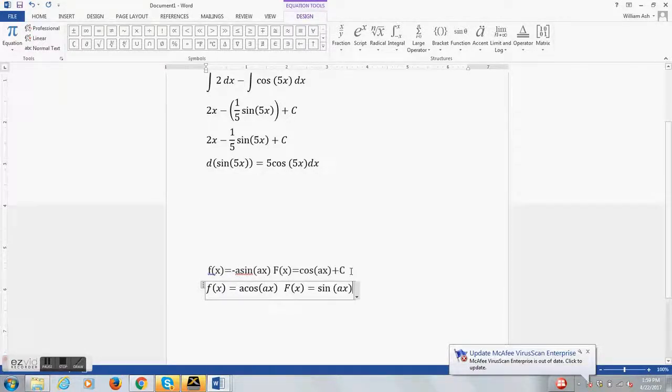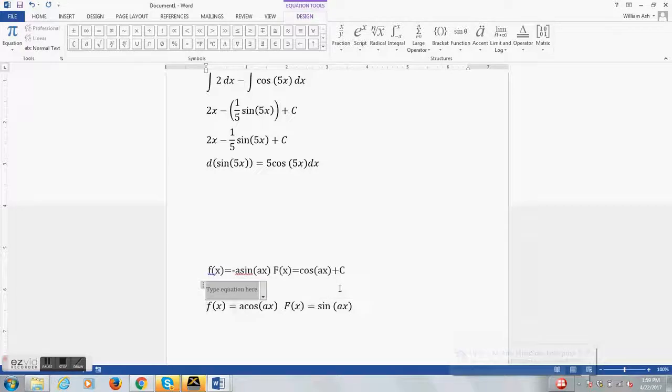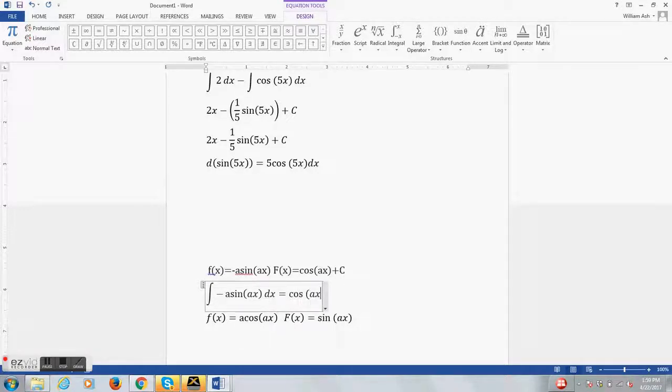This is an integral rule. This rule is probably better thought of as the integral of minus a sine ax dx equals cosine ax plus c. Since you're taking an antiderivative, that's what you're looking at here.